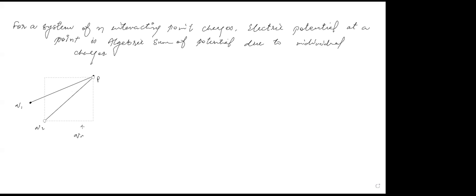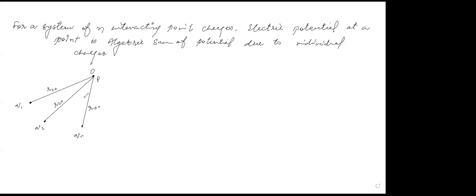By doing this, you will get the separation from the point P to all of the individual charges. Like you can write here, this is your r10, this is r20, and this is your rn0.